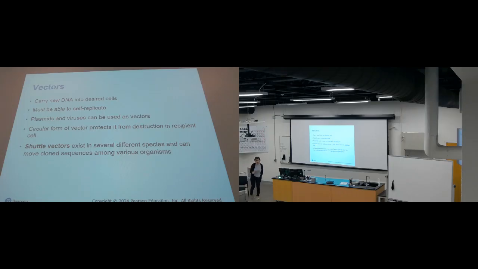One advantage of viral vectors versus plasmid DNA from bacteria is that viral vectors can carry larger genes. So if your gene of interest is large, you might want to use a viral vector. One thing about circular vectors is that it protects the vector from destruction by the recipient.